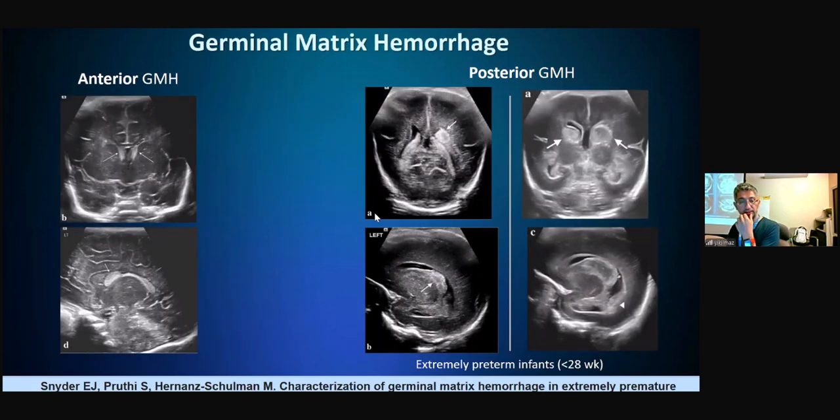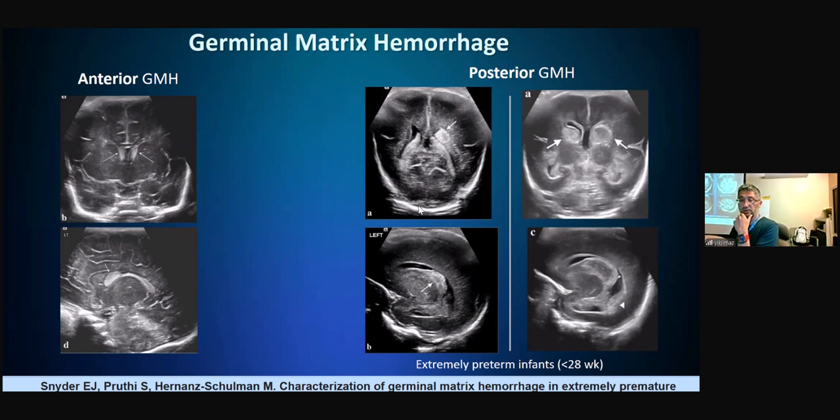And recently, this paper published hemorrhages here. That's the anterior hemorrhage within the caudothalamic groove. They also published that in extreme preterm infants, you can have hemorrhage not only within the caudothalamic groove, but also along the course of the germinal matrix, which is more posterior.